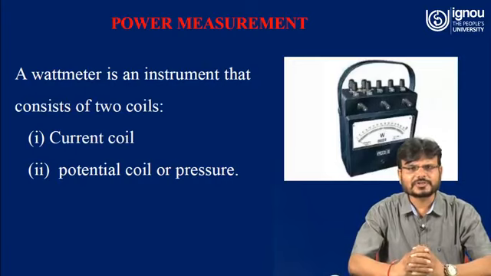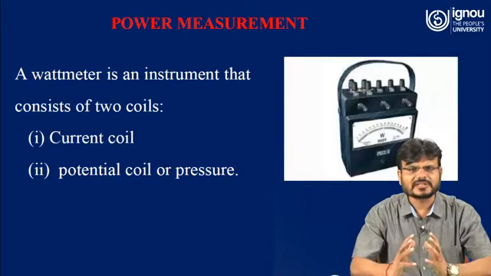As I told you, power can be measured with the help of the wattmeter. So what is a wattmeter? Basically, a wattmeter is an instrument that consists of two coils. One is the current coil and the other is the pressure coil. The pressure coil is also called the potential coil.